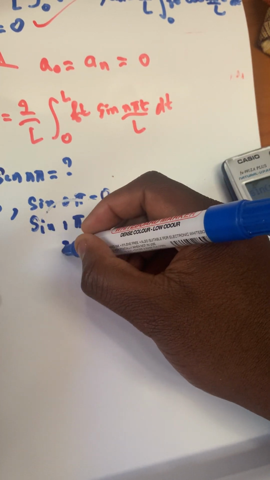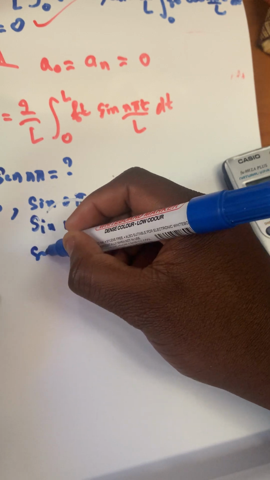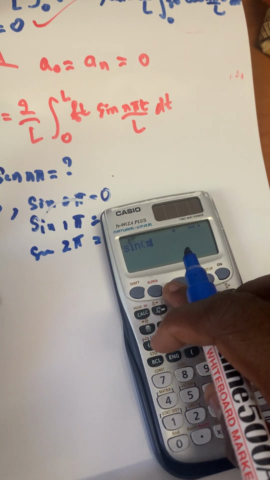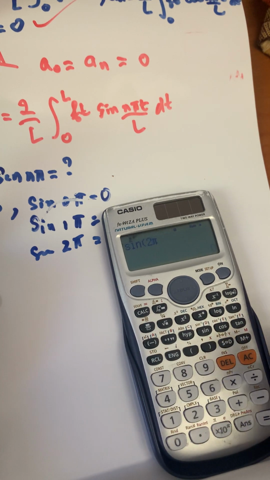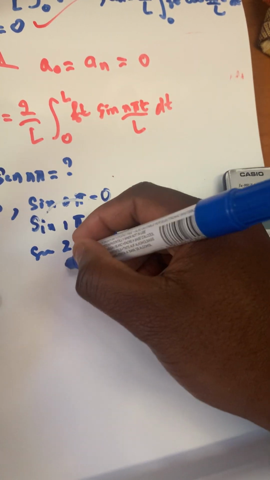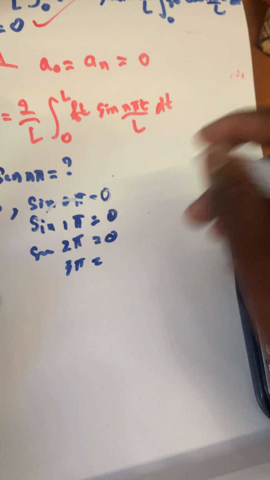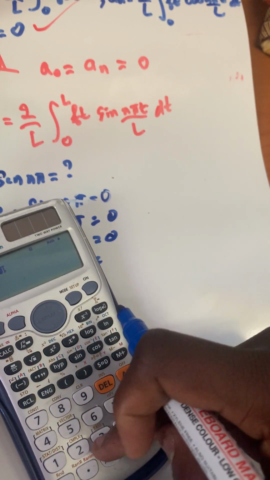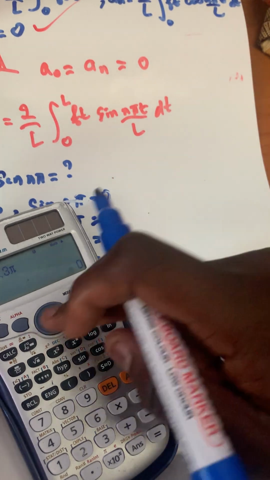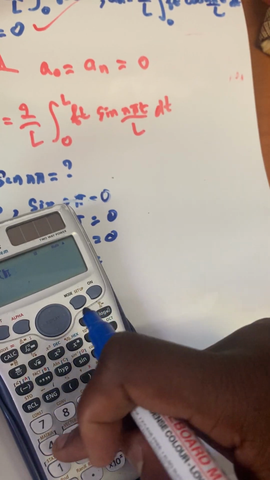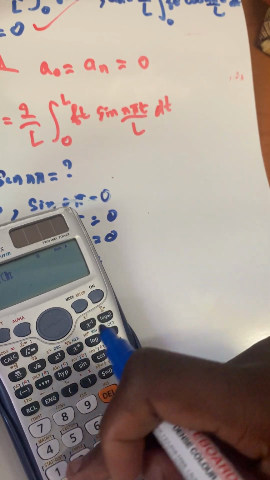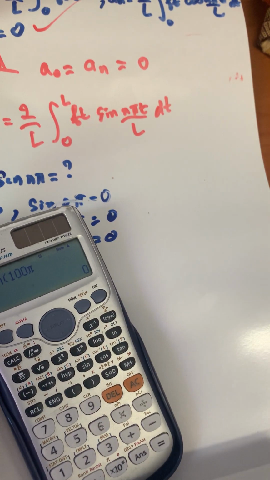What is sine of 2 pi? 2 pi is still giving me 0. Sine of 3 pi is still giving me 0. Sine of 4 pi is still giving me 0. Sine of 100 pi is still giving me 0.